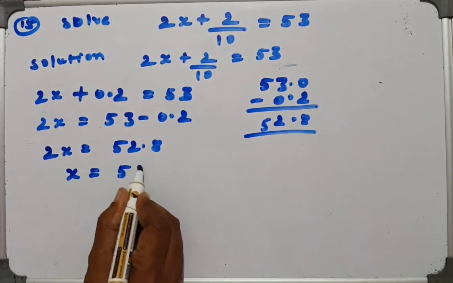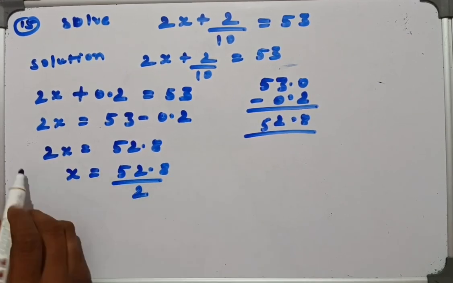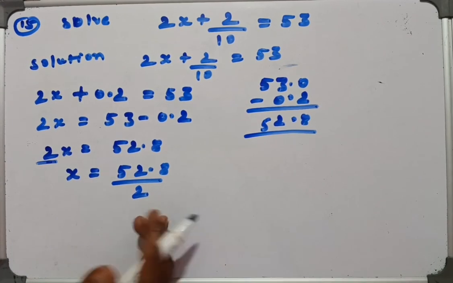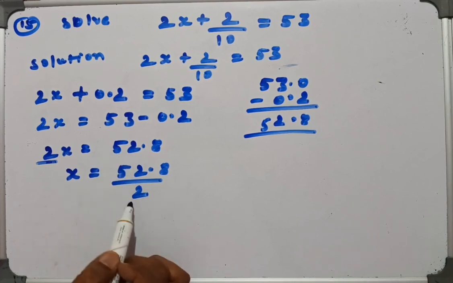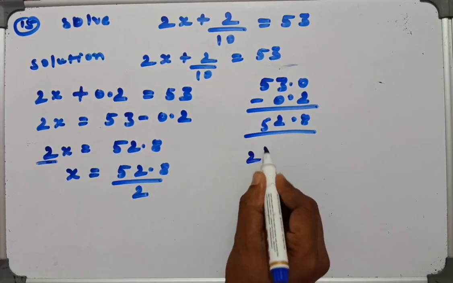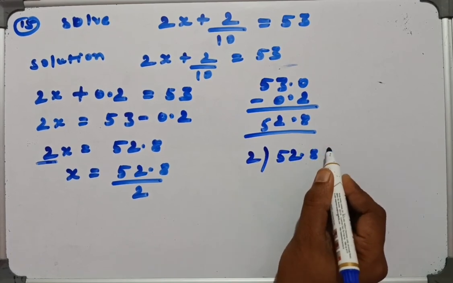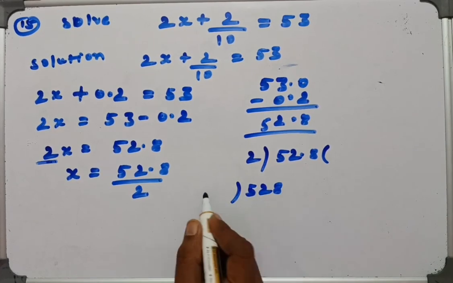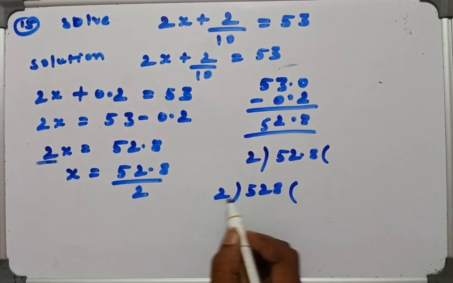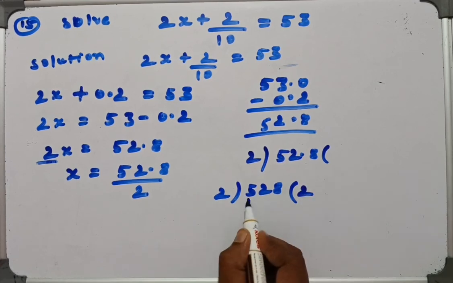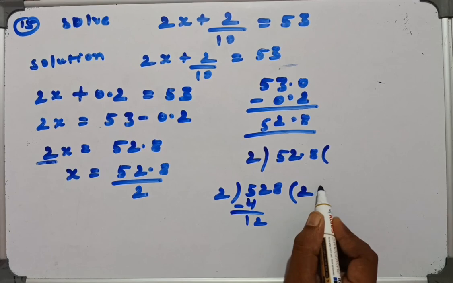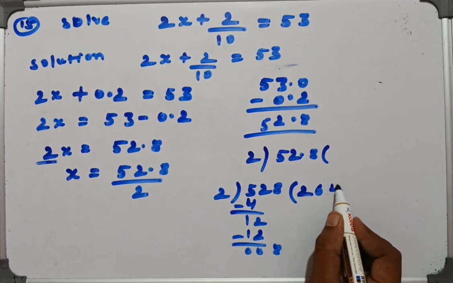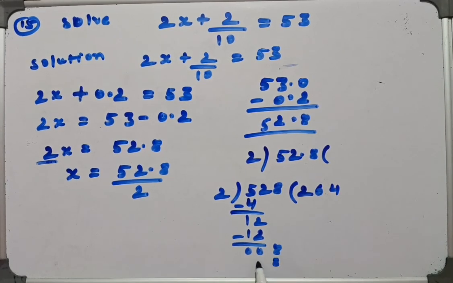So what will be the value of x? x equals 52.8 divided by 2. When this multiplication comes from left to right, then it becomes a division. So solve this one: 52.8 divided by 2. Now we cannot solve like this, we put it like this. 2 2 2 2 4, then 1 2 6 12, this one 0 0 8, then 4, then 8 0.